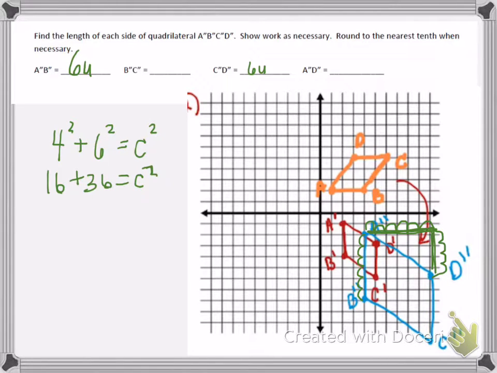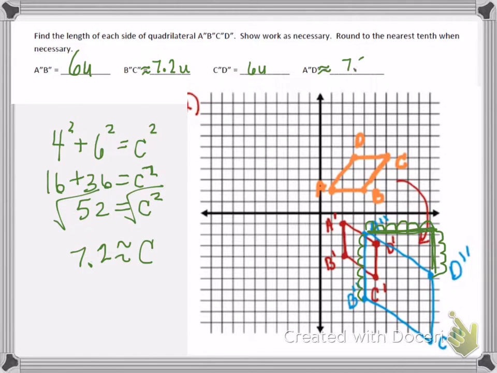And so I get 52 is equal to c squared. I take the square root of each side. I get that c is approximately 7.2. And that should make sense to you, as that is 2 times the 3.6 that we got for the original. Our scale factor of our transformation was 2. So you can see that the scale factor also applies to the lengths of the sides.